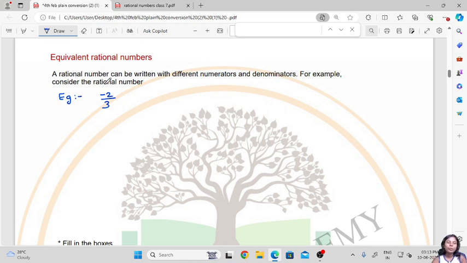So now what we mean here is that the value will remain the same, only we will use different numerators and denominators.